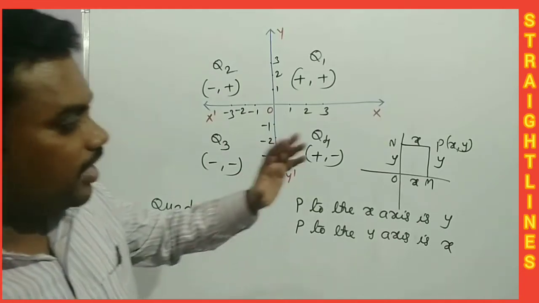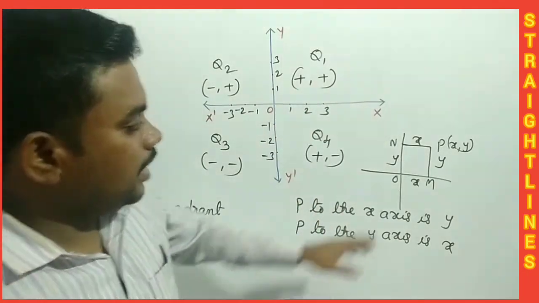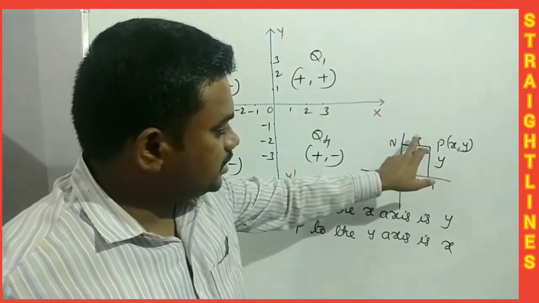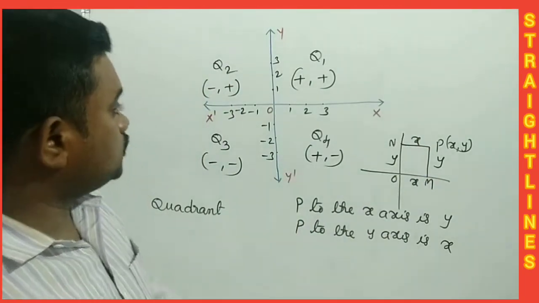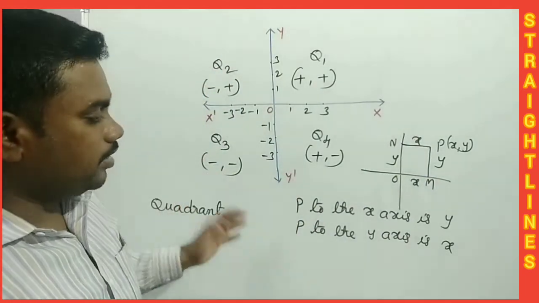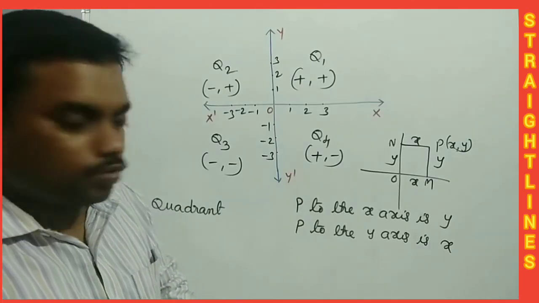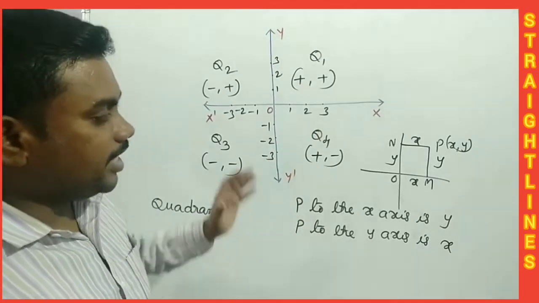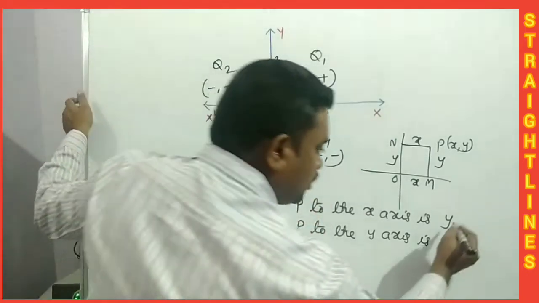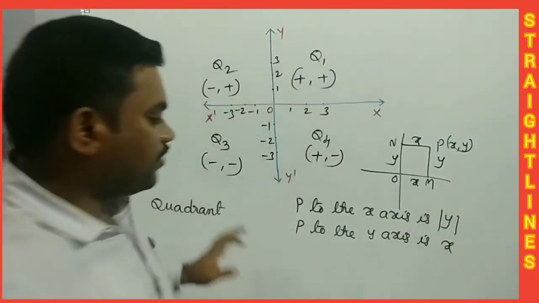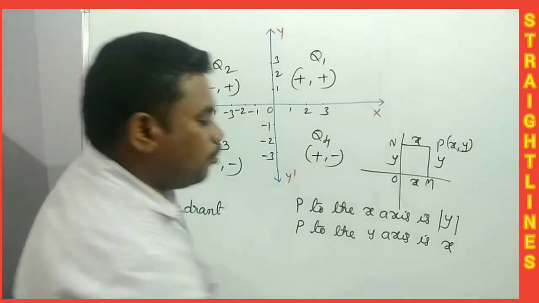In the first quadrant, the distances are y and x. In the second and third quadrants, x and y take different signs. Distance is always positive, so the distance from P to the x-axis is mod y, and the distance from P to the y-axis is mod x.